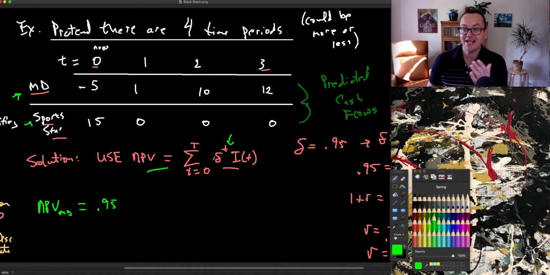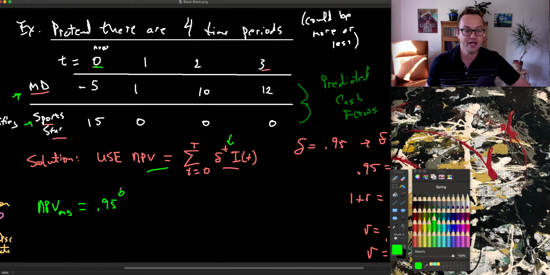As we go further in time, we exponentiate that discount factor by the time period. So that's going to potentially get bigger or smaller further out in time.